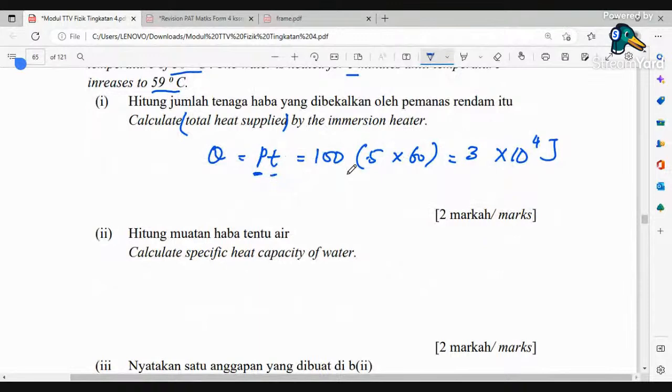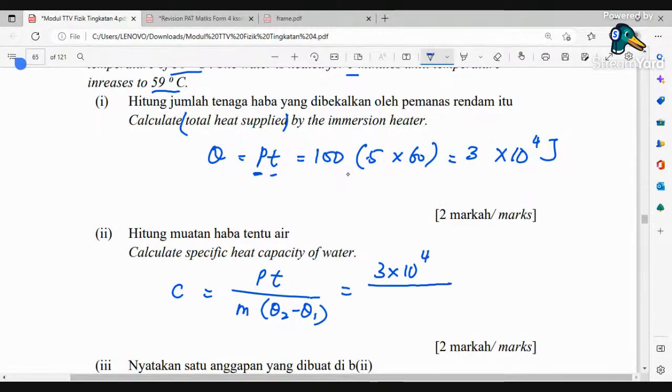Calculate the specific heat capacity of water. So use the formula C equals PT divided by M theta, where theta is the change in temperature. So you have 3 times 10 to the power 4 divided by 0.25, the 250 gram converted to kilogram, and the change in temperature, 59 minus 30.